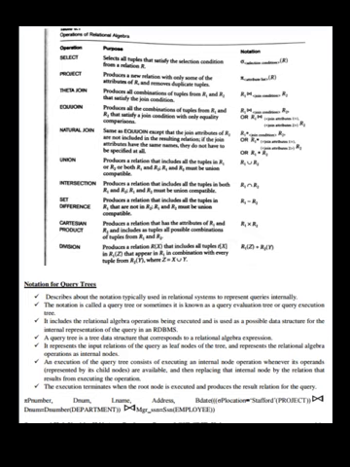An execution of the query tree consists of executing an internal node operation whenever its operands, represented by its child nodes, are available, and then replacing that internal node by the relation that results from executing the operation. The execution terminates when the root node is executed and produces the result relation for the query. See here below.